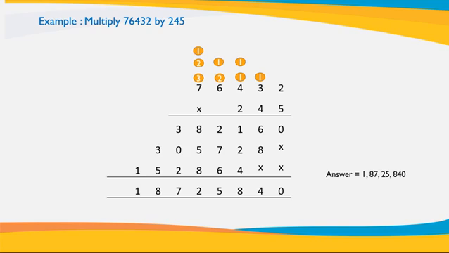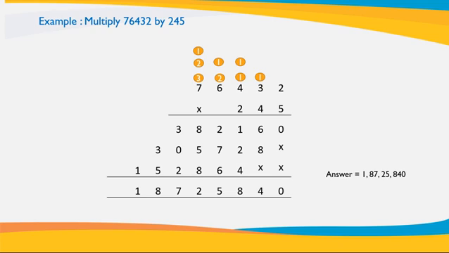Write 7 and carry over 1 to the next place. 4 6s are 24. 24 plus 1 is 25. Write 5 and carry over 2 to the next place. 4 sevens are 28. 28 plus 2 is 30. This completes the second step.